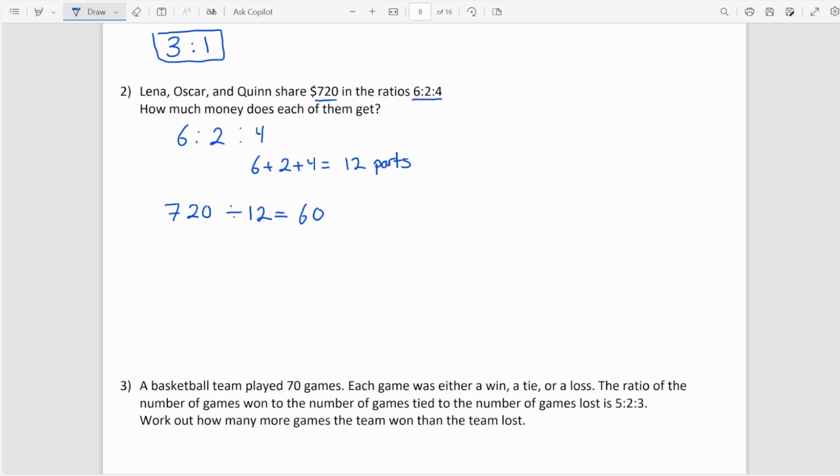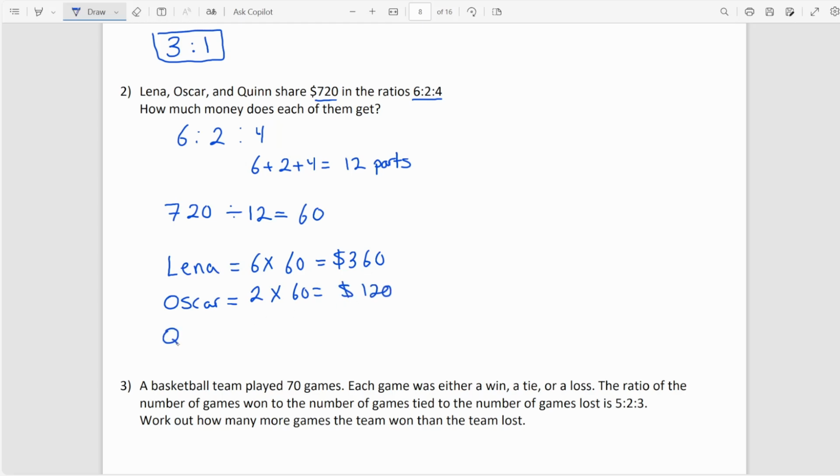Okay. So now let's find out how much each person gets. So firstly, let's start with Lena. For Lena, she has 6 parts, and each part is $60, so she gets $360. For Oscar, he has 2 parts, and each part is $60, so he gets $120.